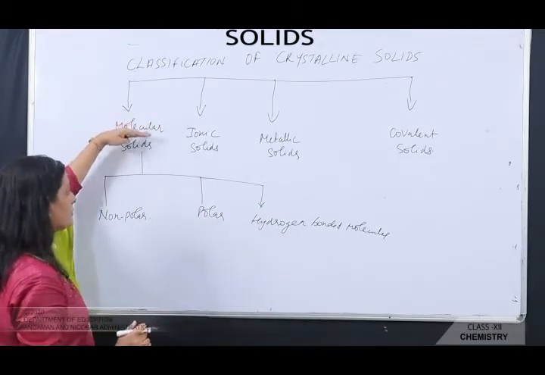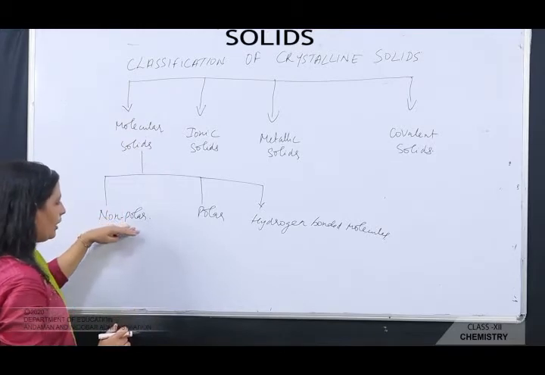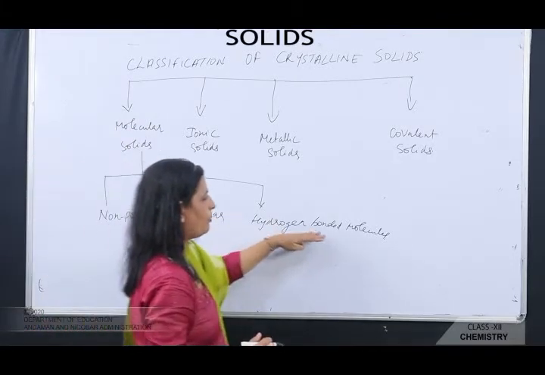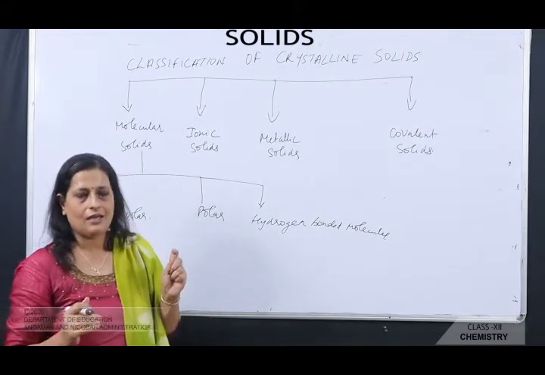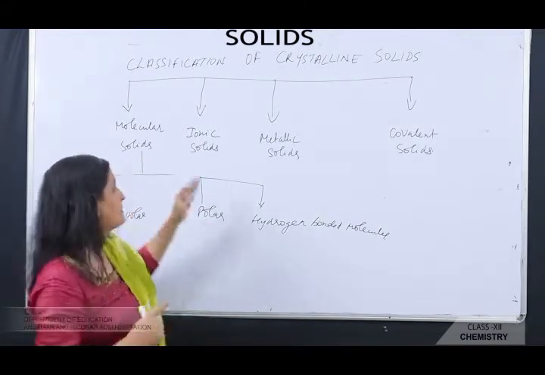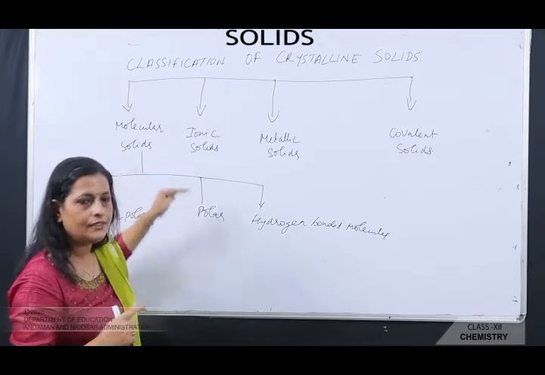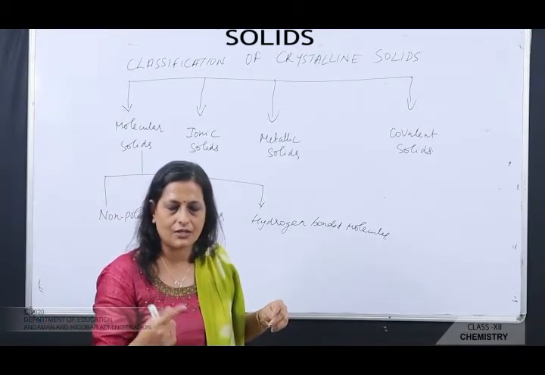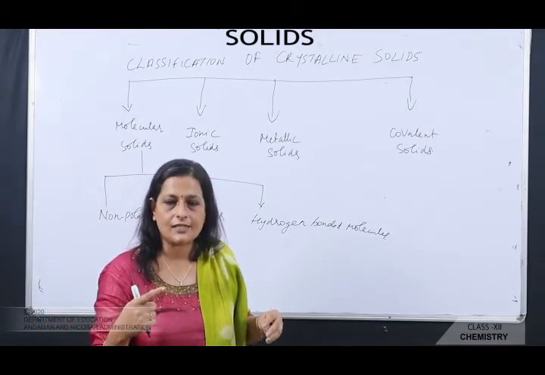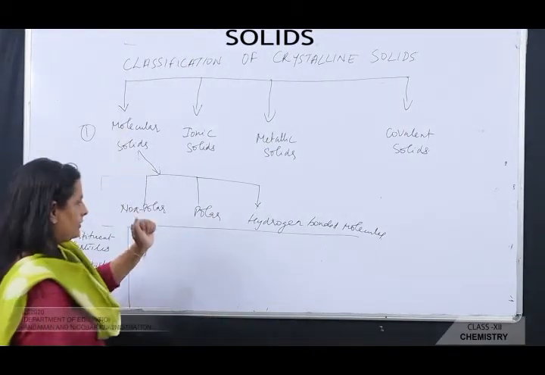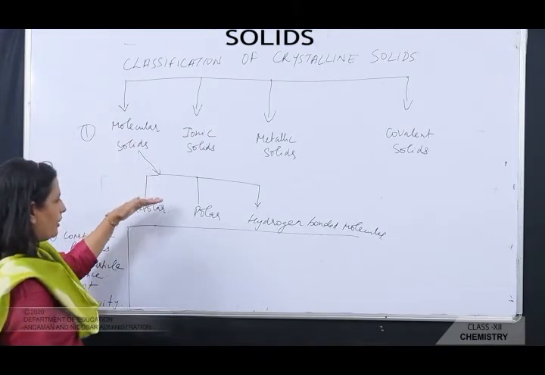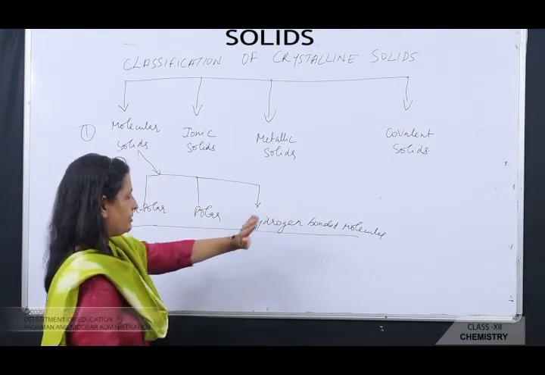So molecular solids are 3 types: non-polar, polar and hydrogen bonded molecular solids. Now in this we are going to study the constituent particles of which the solids are made, the intermolecular force of attraction, their conductivity, melting point and example. So now we will deal with molecular solids. They are classified into non-polar, polar and hydrogen bonded molecules.